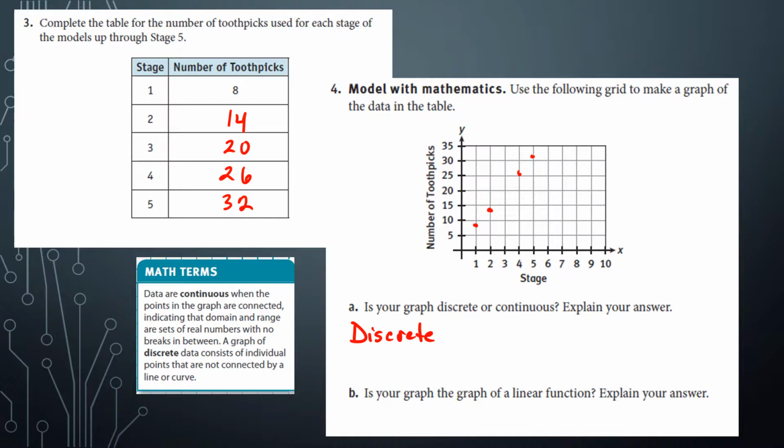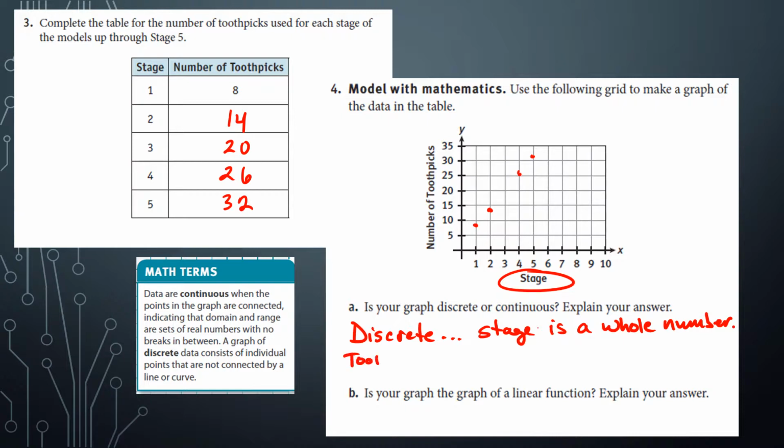and it says explain our answer. So the stages, each stage is a whole number, or stages are whole numbers. So you're not going to have stage 1.5. Each stage you're going to have a new image, and then the number of toothpicks.